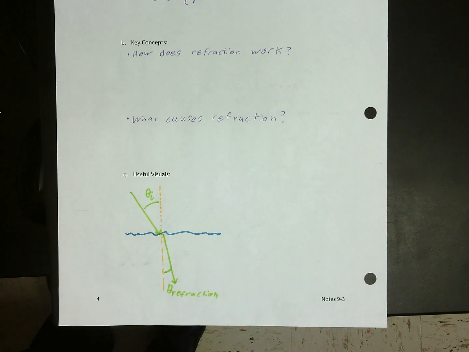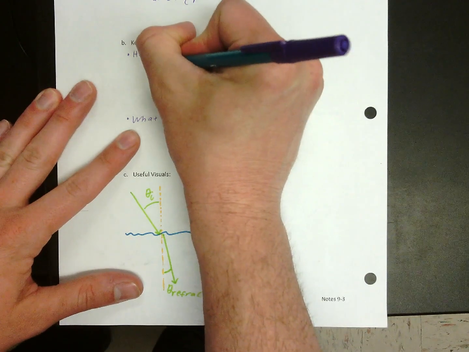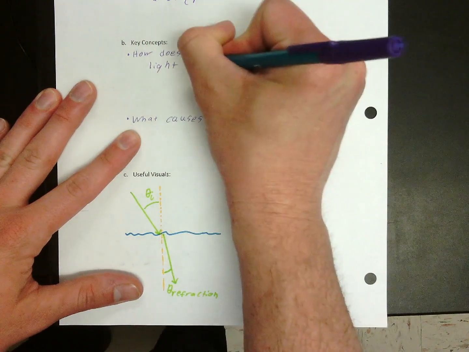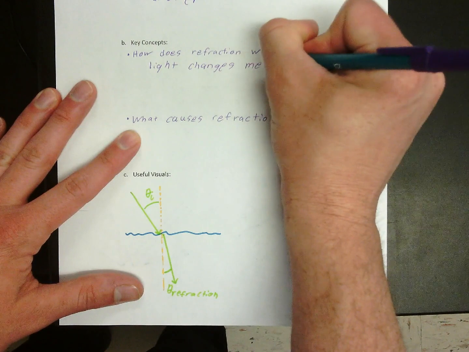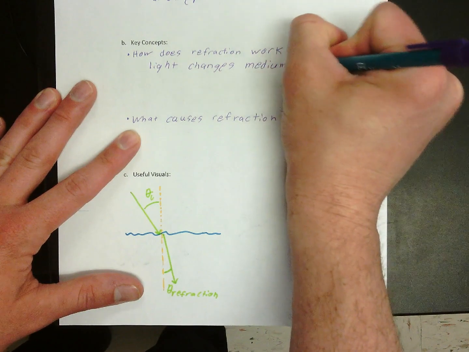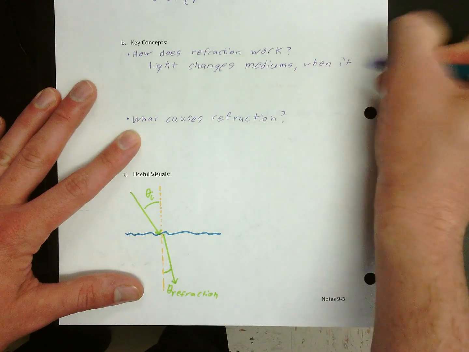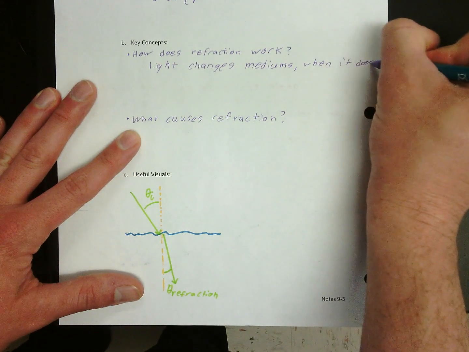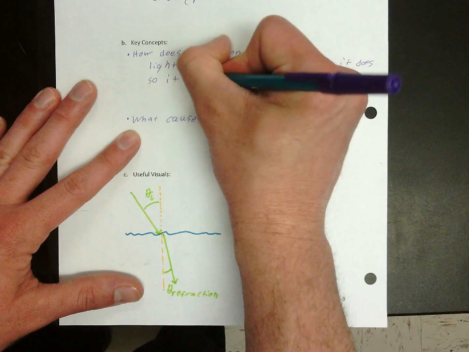Okay, so how does refraction work? The basics here is light changes mediums. Okay, when it does so, it bends.